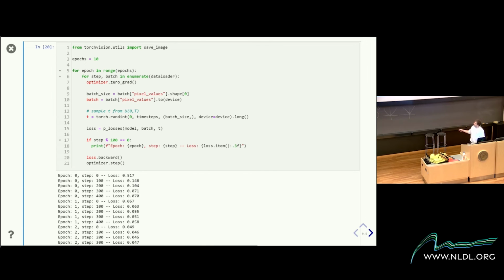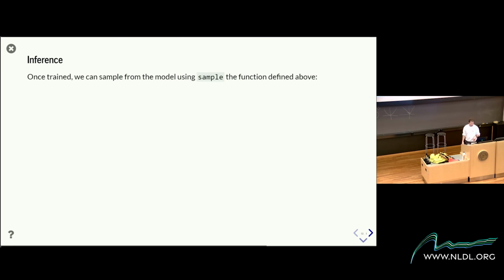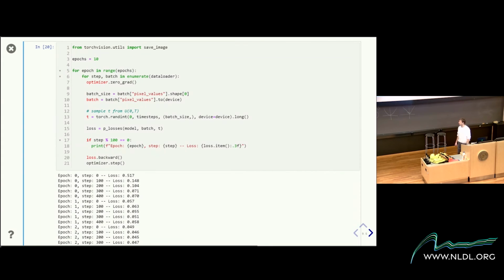And then we compute the loss using the function we defined before, which takes as input the model, the batch of images, and the time steps. And that's it. We just repeat this for 10 epochs and then we're done. I'm not doing the training here online, but it doesn't take much. On my laptop, it takes around 10 minutes, so it's a short training.